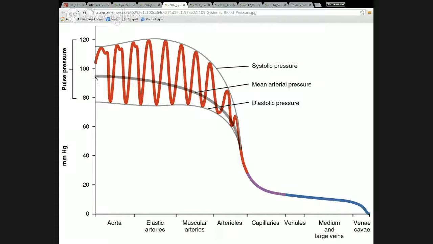Okay. What that means simply is that this gray line here is that representation of the average blood pressure in the range given the time that the heart's contracting versus the time that the heart's relaxed.